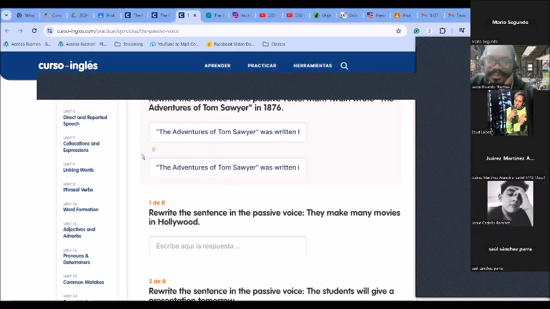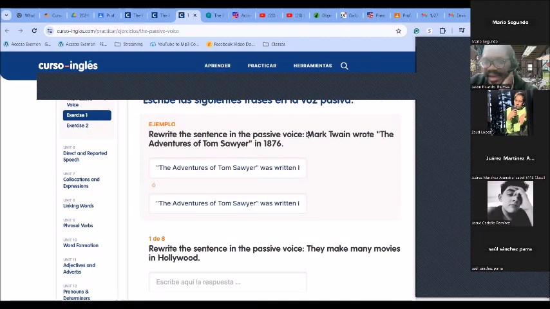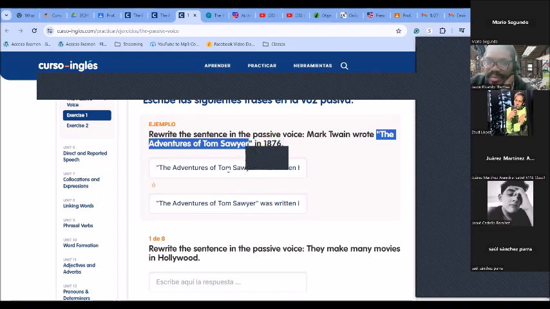For example, the active sentence was Mark Twain wrote The Adventures of Tom Sawyer in 1876. The Adventures of Tom Sawyer is the object, so we know that will become the subject.